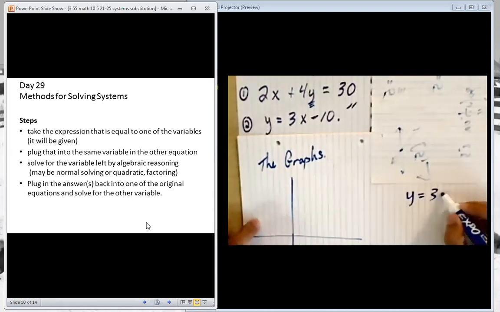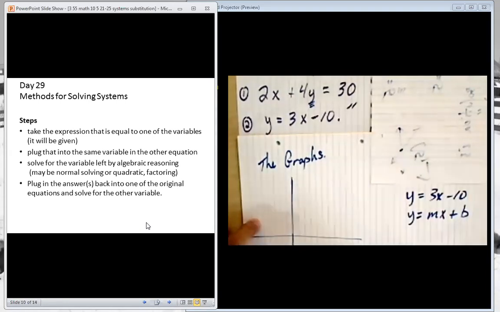We had mx plus b. That's the style of this equation, right? So what does the b represent? Yeah, negative 10. So that's the y-intercept that's down here at negative 10.